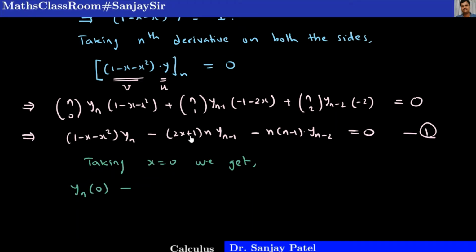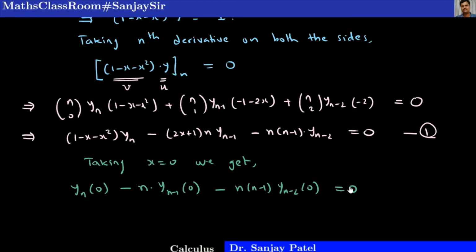So putting x equal to 0, we'll get minus n times yn minus 1 of 0 minus n into n minus 1 into yn minus 2 at 0 is equal to 0.